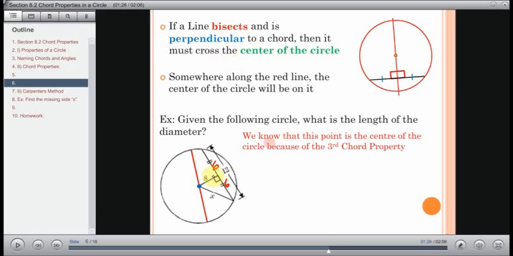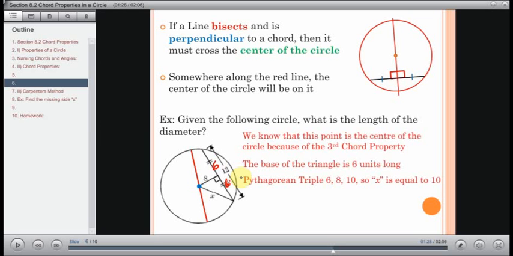This line is bisecting that, and it's at 90 degrees, so it has to be the center. Like I said, the base of the triangle is 6 units long. Now, this is one of those Pythagoras triples, which I'm not going to show you how to do here, but it's one of those ones that you might remember from before. It's the 6, 8, 10 circle. So x is equal to 10, just using Pythagoras.